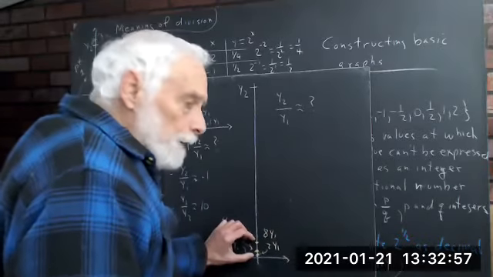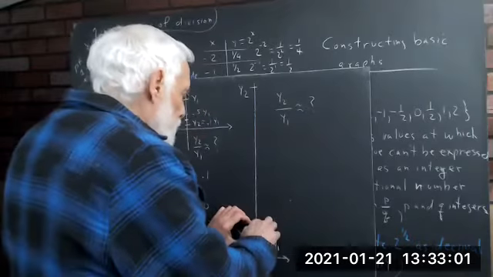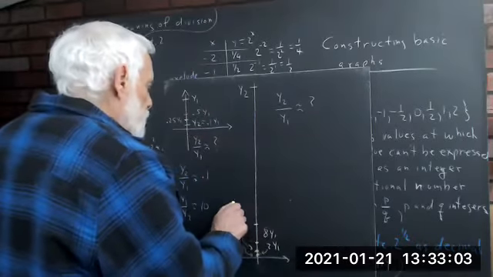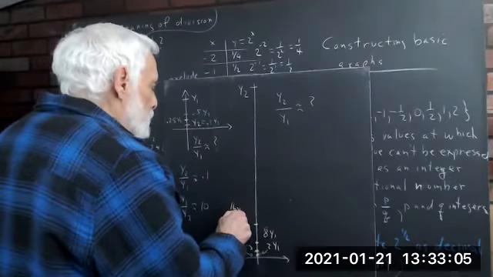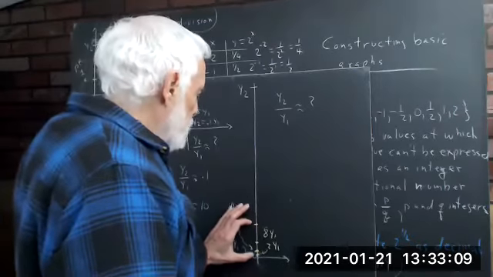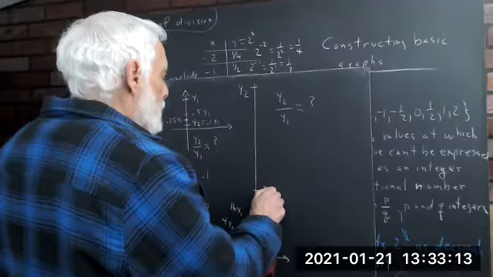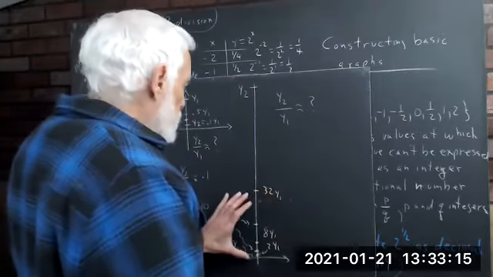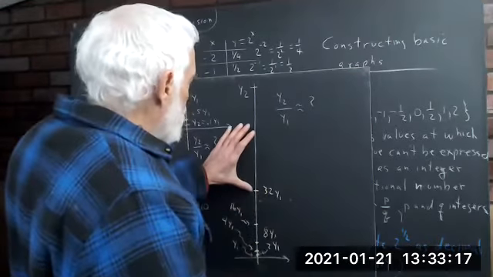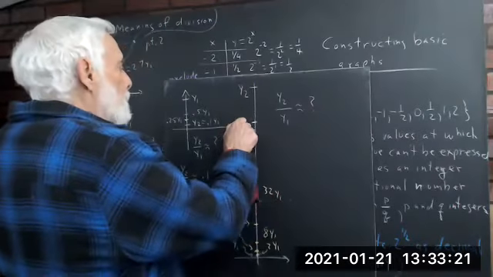Now, if I've got 8 of them, well, I can double that. That puts me here. It gives me 16y1. And then if I got 16 of them, I can double that, and now I've got 32 of them. And if I double that, that gets me up here. It gives me 64y1.